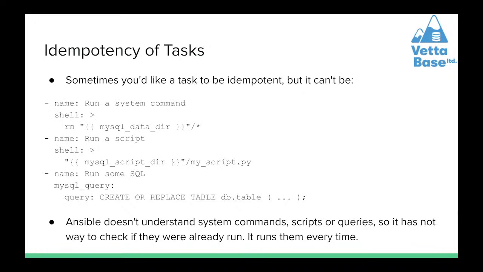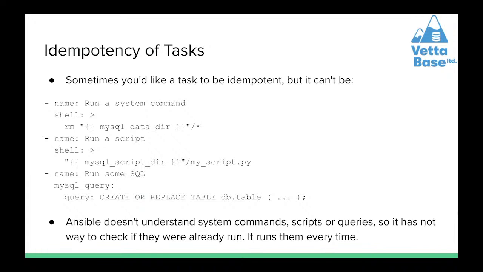But sometimes we would like a task to be idempotent, but it is not possible. Why? Well, you can see three examples here. The first runs a shell command. The second runs a script. The third runs a query in MySQL.